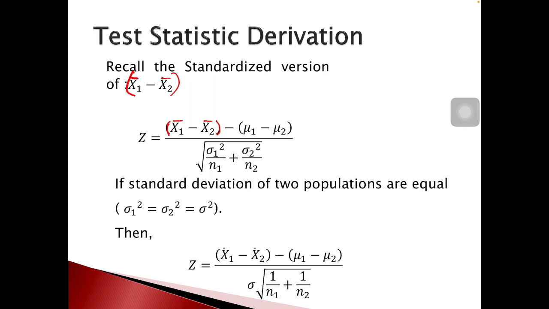And if we talk about the standard deviation of two populations, we assume that they are equal, but we don't know it. So you can plug the standard deviation into this equation and simplify like this.